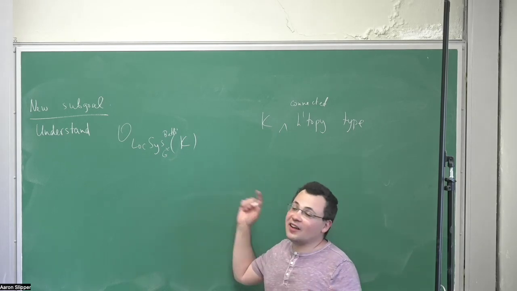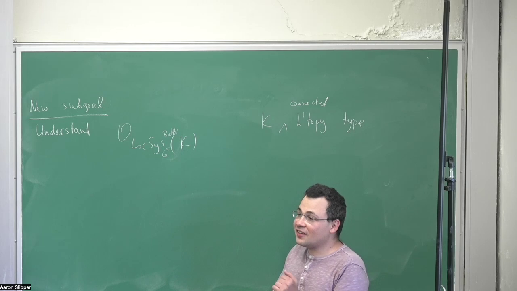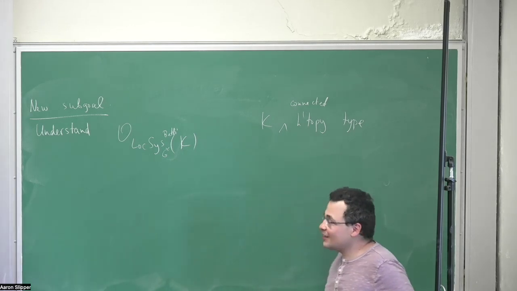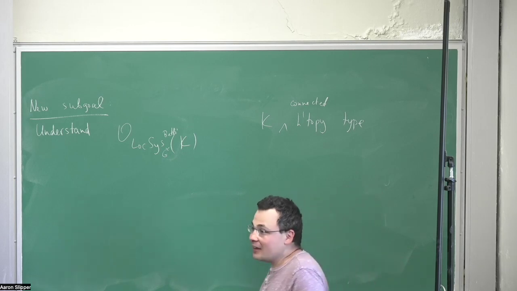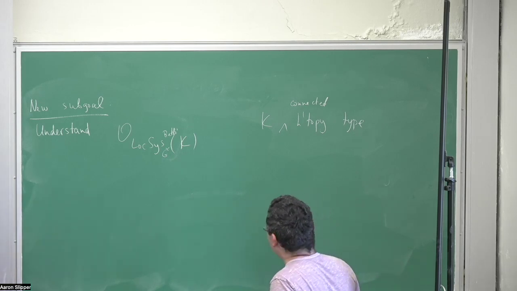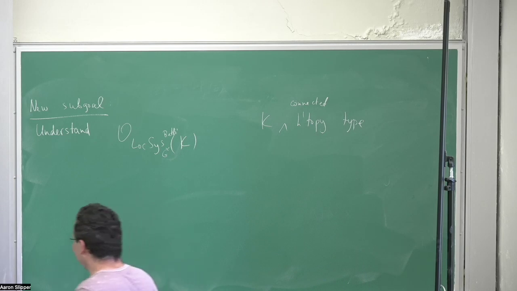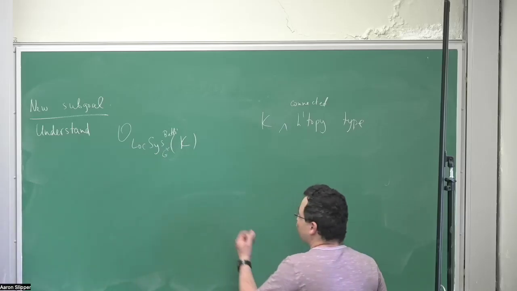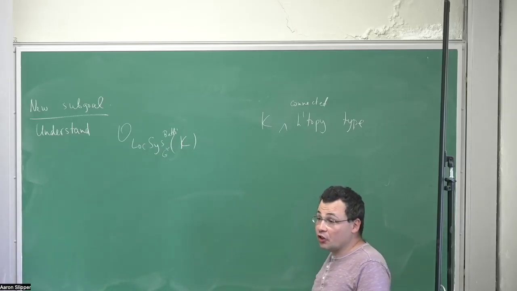I mean global functions, yeah. Sorry, this is some abusive notation that is stuck in my head, so we'll have to live with it. But yes, I mean global functions. Yeah, so one goal is to understand in more explicit terms what this is.